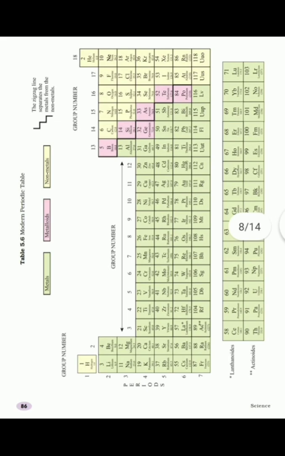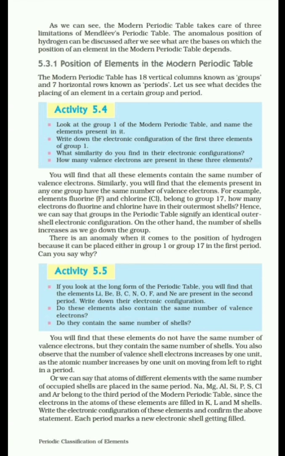Now let's see the merits of the modern periodic table. According to Mendeleev's periodic table, the position of isotopes was not clear, but as the modern periodic table is based on atomic number, and isotopes have the same atomic number but different atomic masses, isotopes can be placed in the same position.